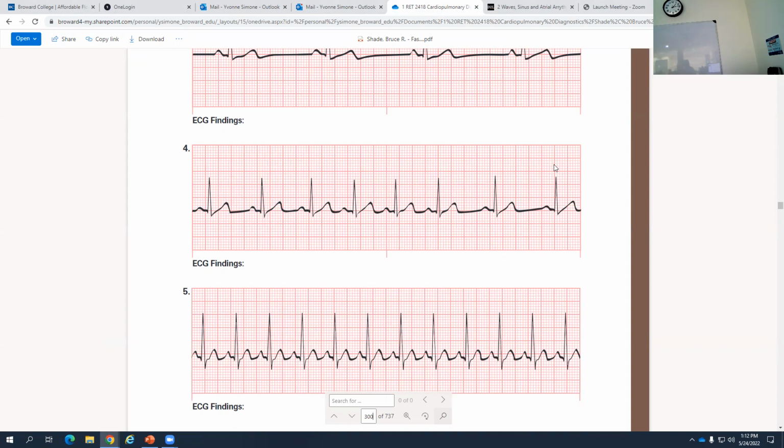I'll call out the page numbers so you guys can write it down and quiz yourselves before the test. All right, the first one is Bruce Shade, second edition, page 272.